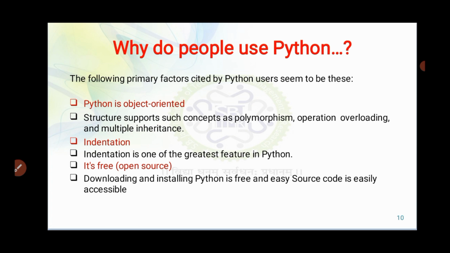Now what are all those features which made Python very popular are as below. The first one is Python is object oriented. Python supports both concepts: it supports the concept of procedure oriented programming like C language, as well as object oriented programming like Java. Hence, we can get the benefit of both structured languages as well as object oriented languages.